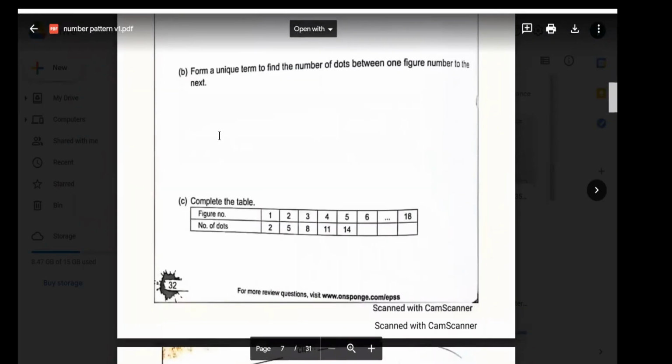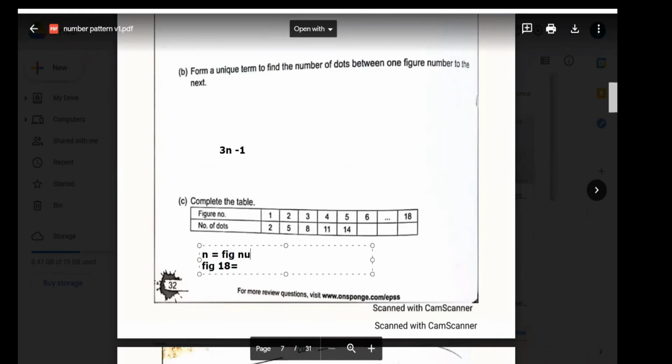So what we have here is 3n minus 1 for B. Then using that, how do we complete the table? In this case, we are finding figure 18. If I want to find figure 18 and I know my n term, how do I do it? Normally our n is equal to the figure number.